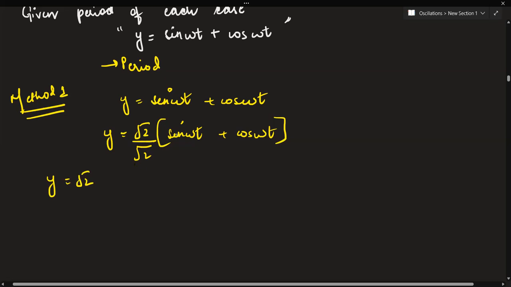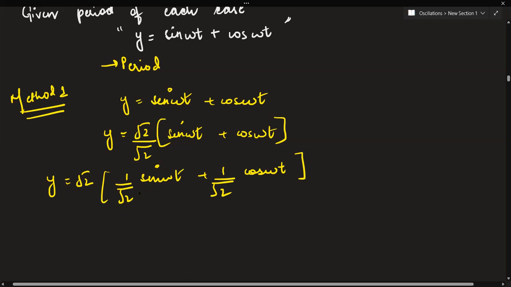If I multiply this 1 by root 2, this will be 1 by root 2 sine omega t plus 1 by root 2 cos omega t.